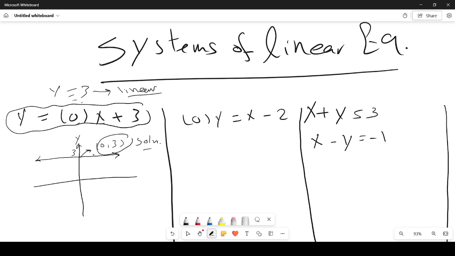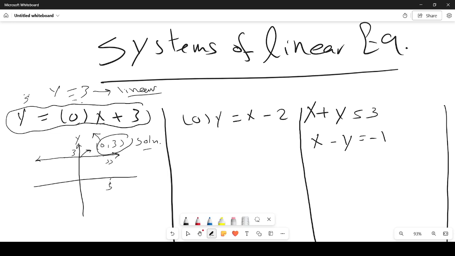And every point that lies on this line satisfies this equation and presents a solution for the equation. If we took x equals whatever, let's say 5, and y is 3, this will satisfy the equation.